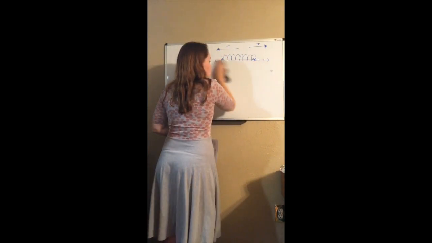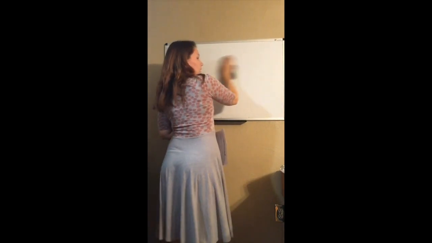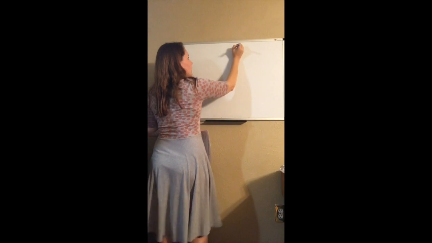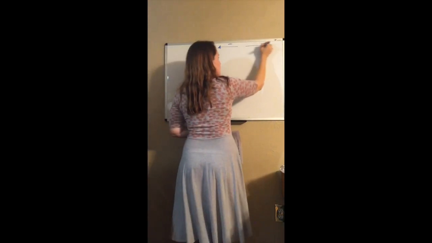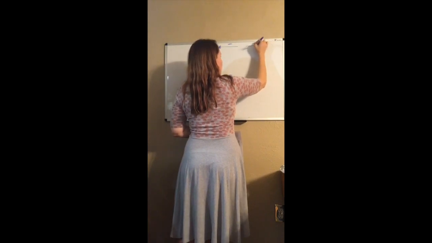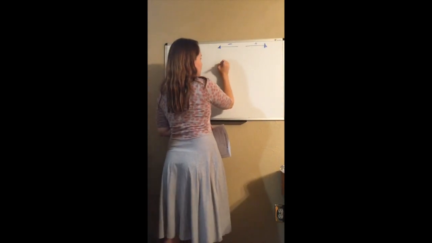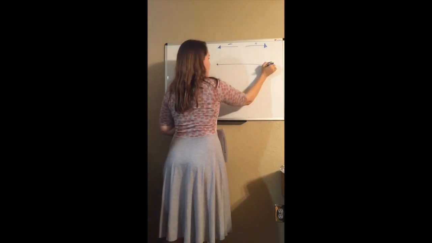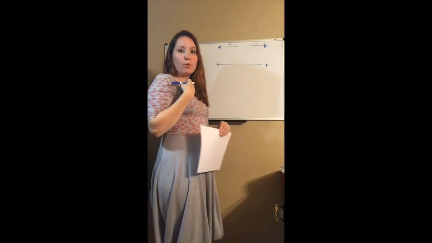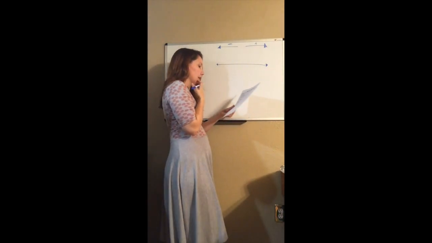I'm going to erase my number line and let's try something different. I'm actually going to keep that on the top just to remind me. Negative to the left, positive to the right. I have a new number line. I'm going to show you an easy way to just make a number line for a problem. All right.